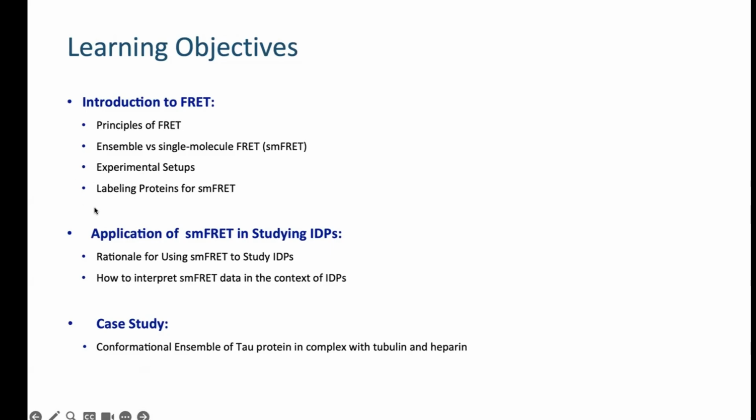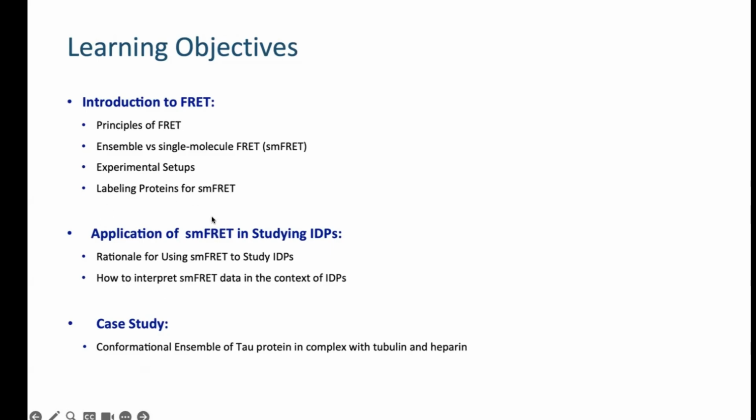Then I will finish this first part of the training session by also explaining how you obtain this double labeled protein with a donor and a receptor fluorophore to perform these single molecule FRET experiments.